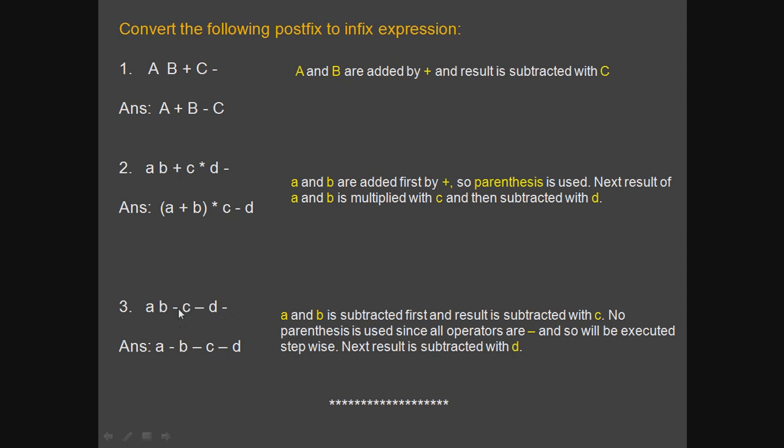So a minus b is computed, and then the result is subtracted with c. Once you get that value, it will be subtracted with d using this minus operator. That way the infix notation flows sequentially.